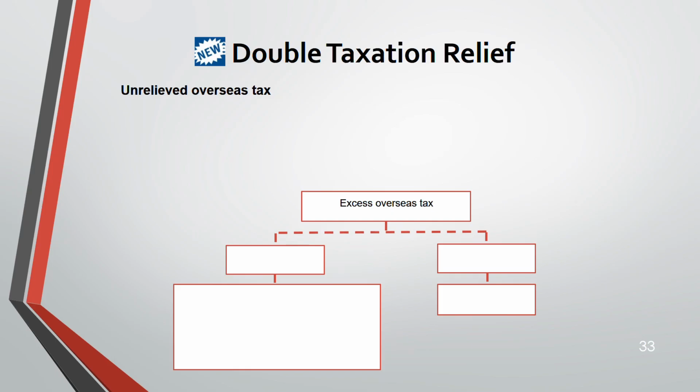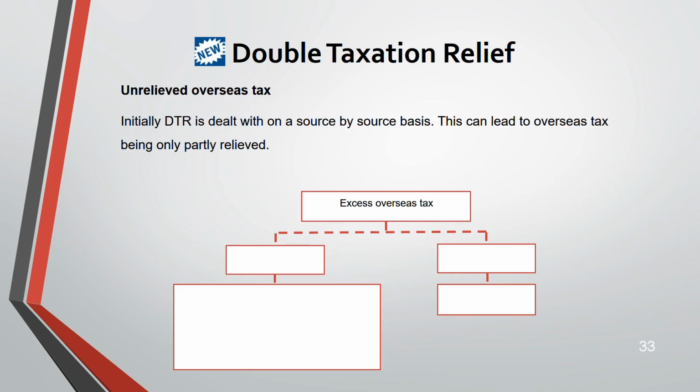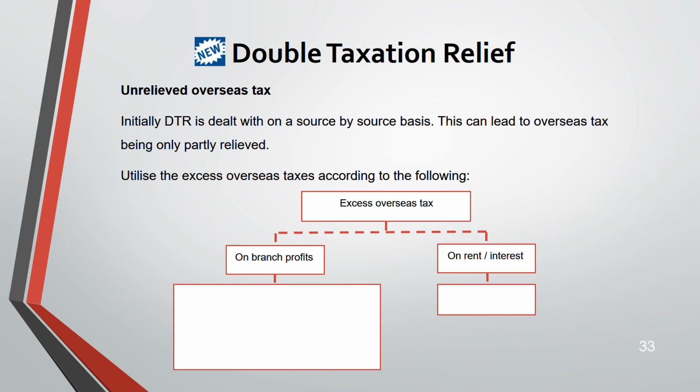Unrelieved overseas tax. Initially DTR is dealt with on a source by source basis. This can lead to overseas tax being only partly relieved. Then what do you do with the excess overseas tax? The excess could be utilized like this: on branch profit, and on rent or interest.